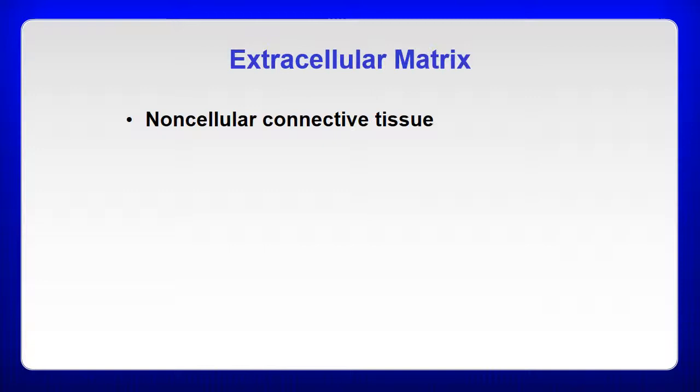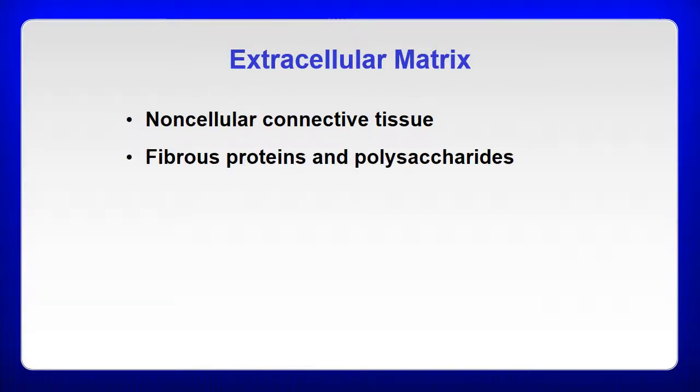And the non-cellular connective tissue basically is comprised of two different things, which we've talked about already. You have your fibrous proteins, which, again, the most abundant fibrous protein is your collagen. There are others located as well. So you have your collagen, which is the predominant component of your connective tissue. You have something called elastin, which provides for elasticity in the tissue.